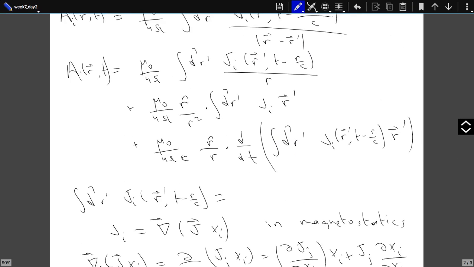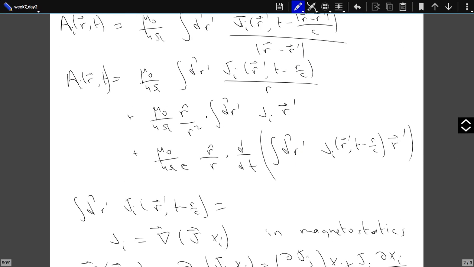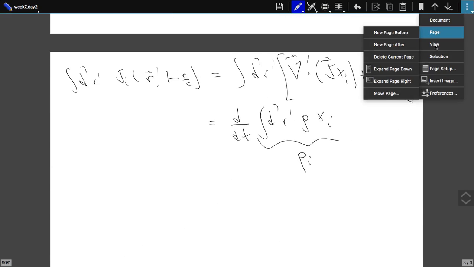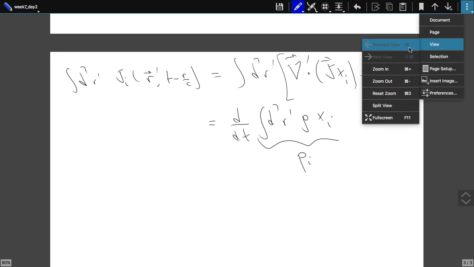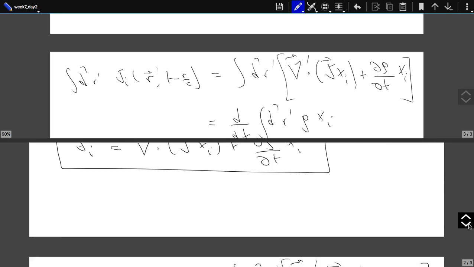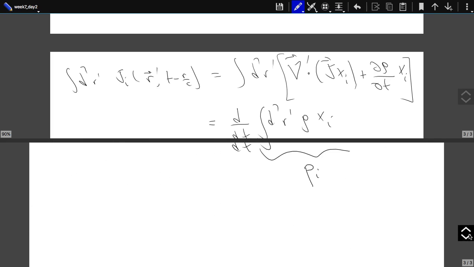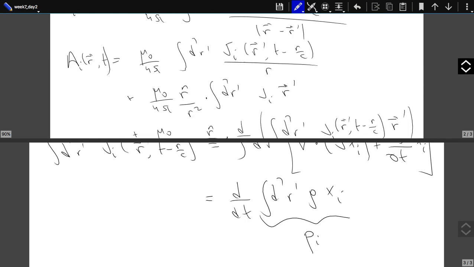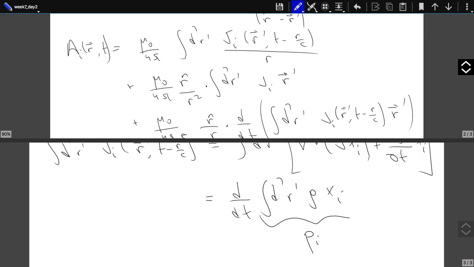So you see now in electrodynamics, you see this was our vector potential at the top.